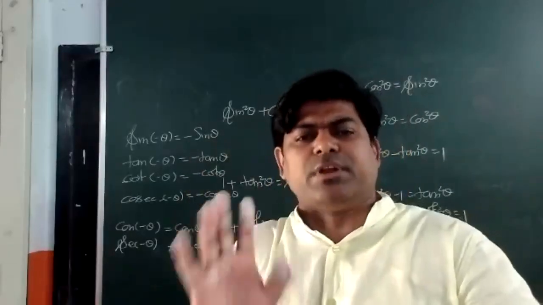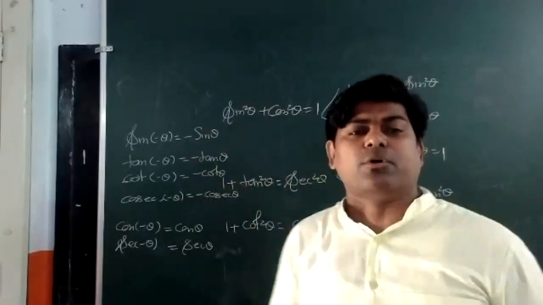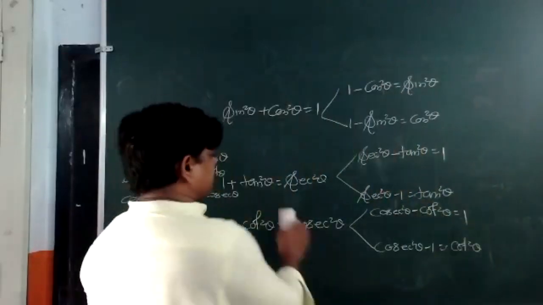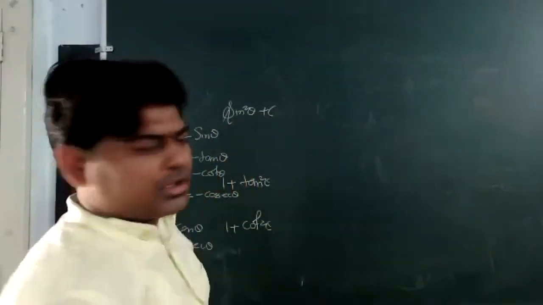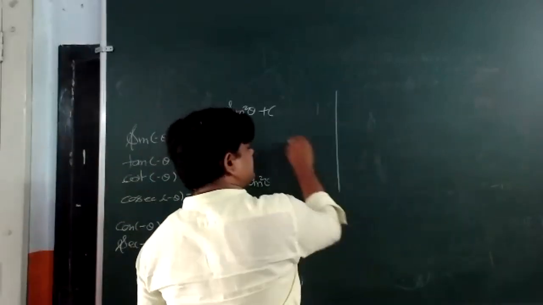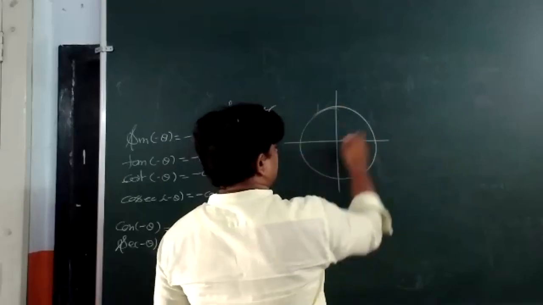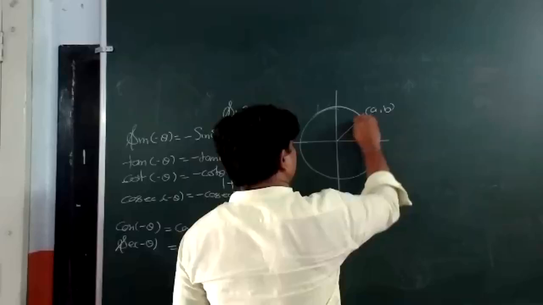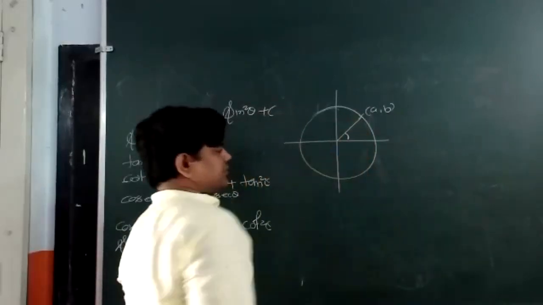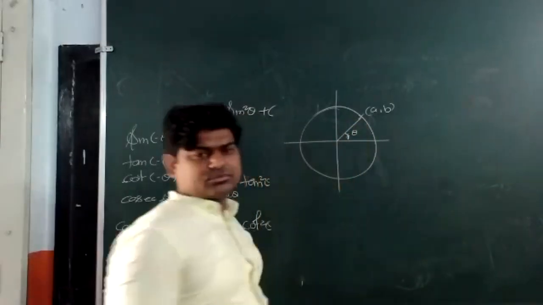Second one, very simply, I want to tell you. As I told you, we are now discussing the circular angle. So if I am talking about the circle whose radius is 1, and we take something here. Here I took points A and B, radius as I told you 1. If I talk about this angle, it will be positive.